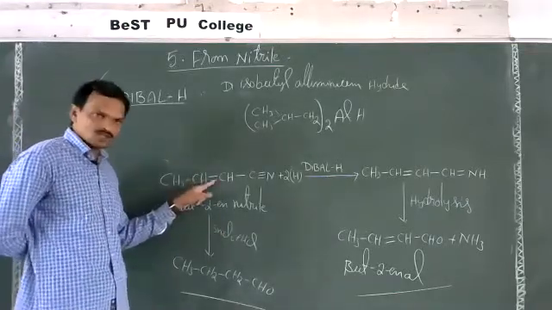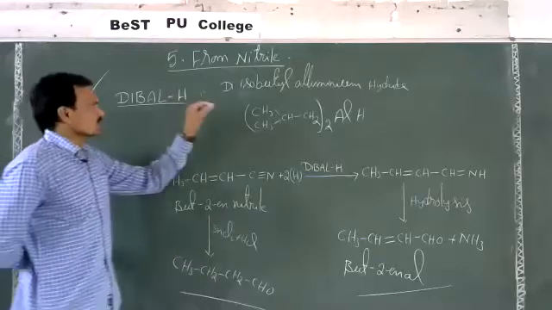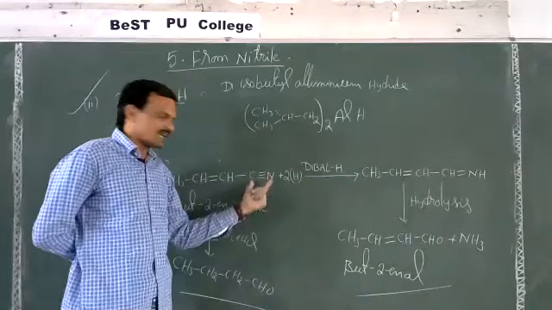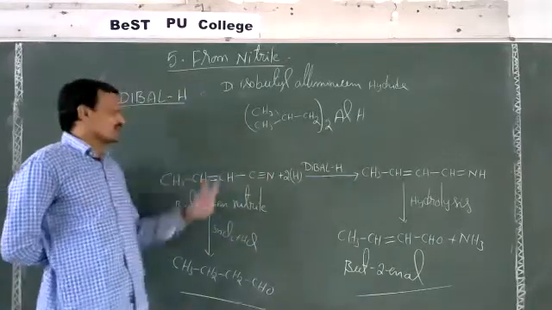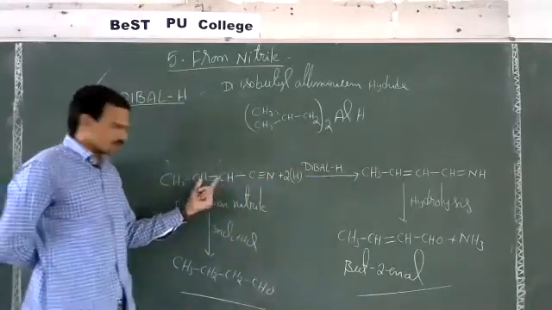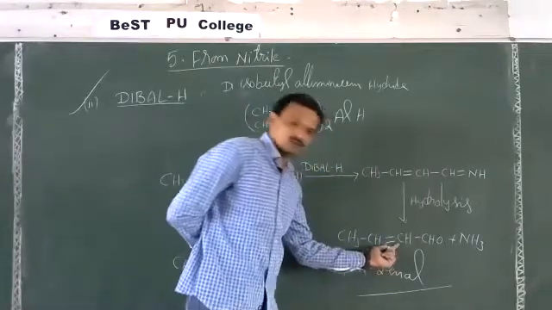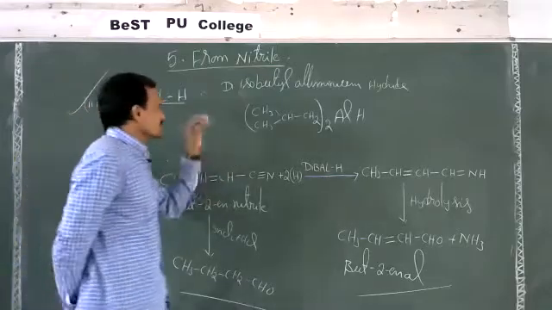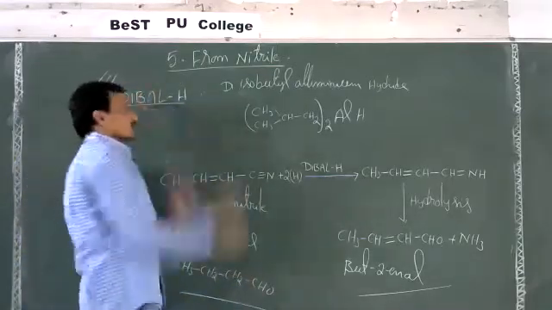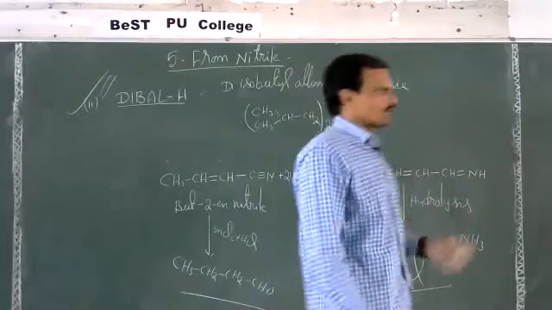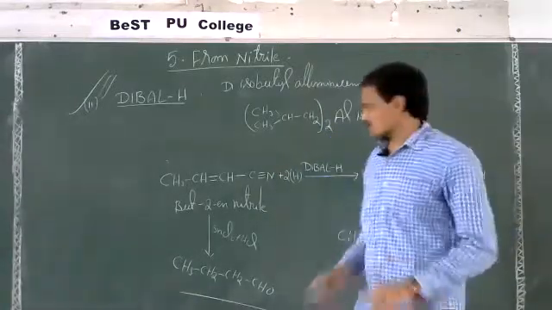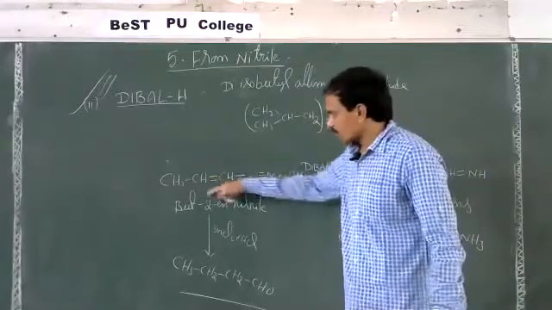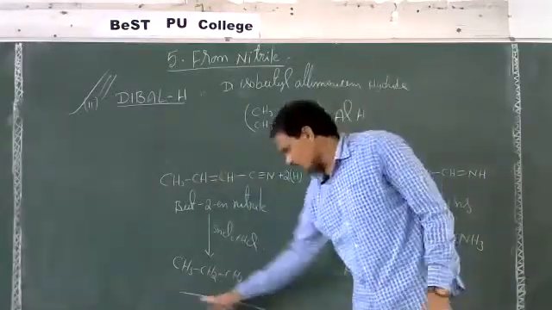The unsaturation is reduced too. The advantage of using Dibal H is that it reduces the nitrile without affecting the unsaturation, which remains as it is in the final product. So in the preparation of unsaturated aldehydes, we use Dibal H as the reducing agent. With the Stephen reduction, that is SnCl2 plus HCl, in addition to the nitrile group, the double bond also will be reduced, and you get butanal.